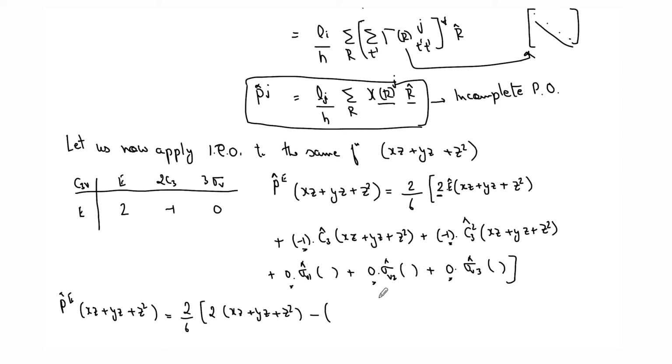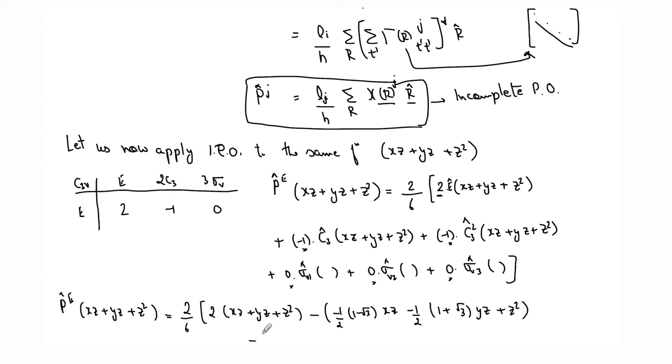The effect of C3 will be minus half 1 minus root 3 xz, minus half 1 plus root 3 yz, plus z square.